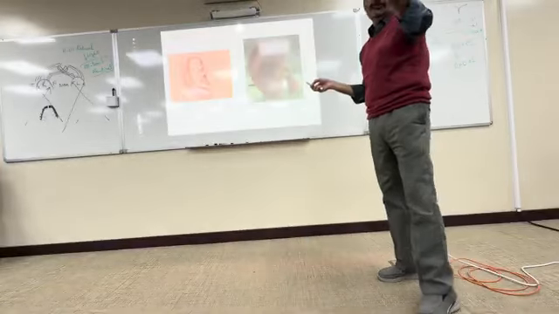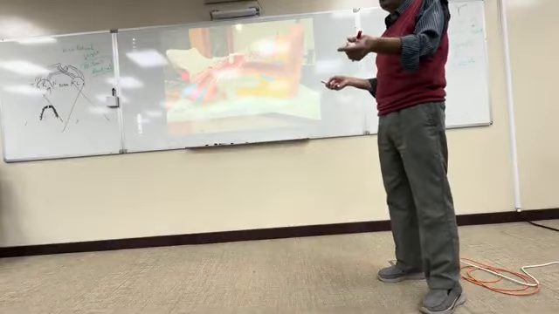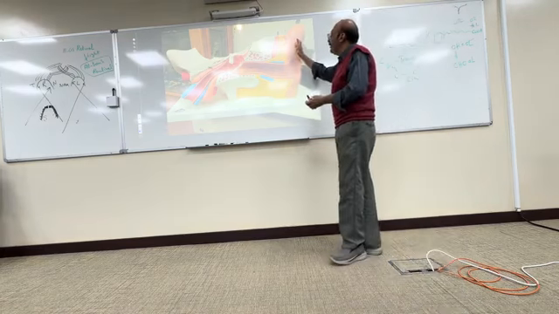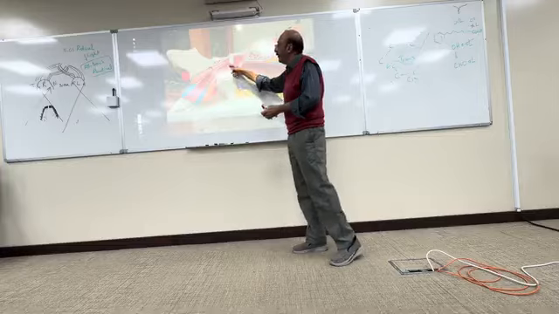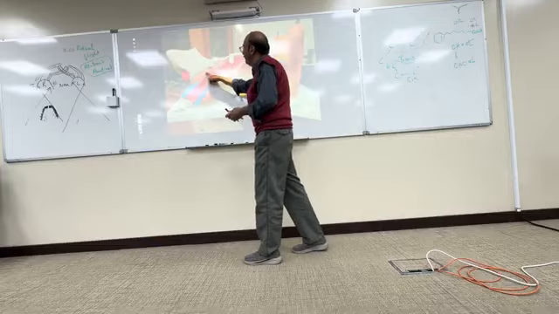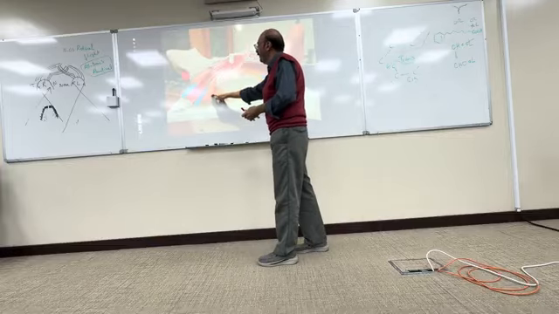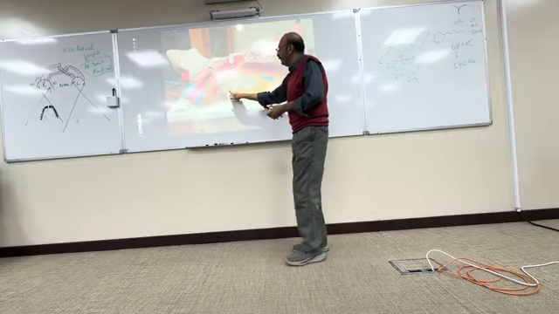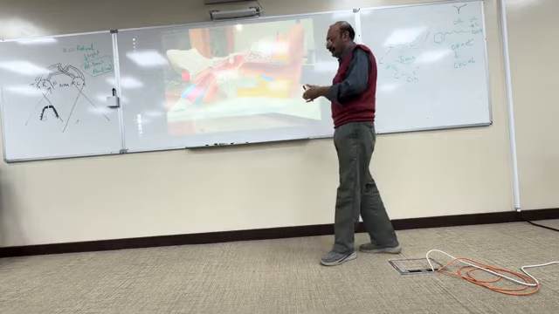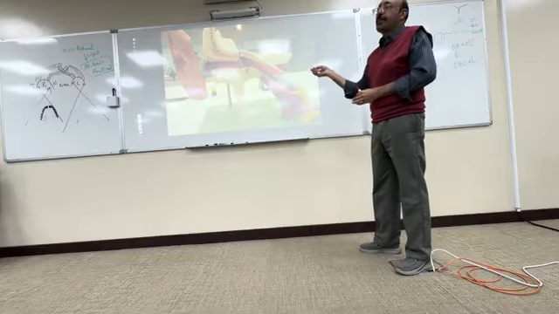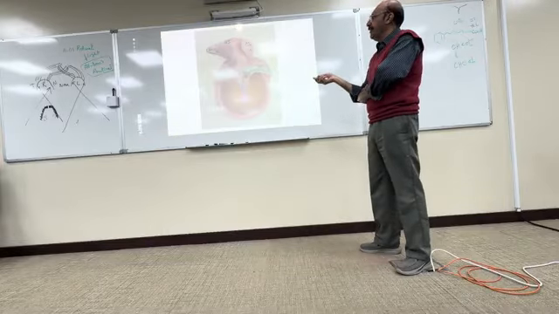See this one? We will follow this. Pinna or the auricle, external auditory meatus, tympanic membrane, auditory tube, tensor tympani, some pharyngeal muscle, internal carotid, styloid process, mastoid process. I will just name them. I will show you in the lab, inshallah.